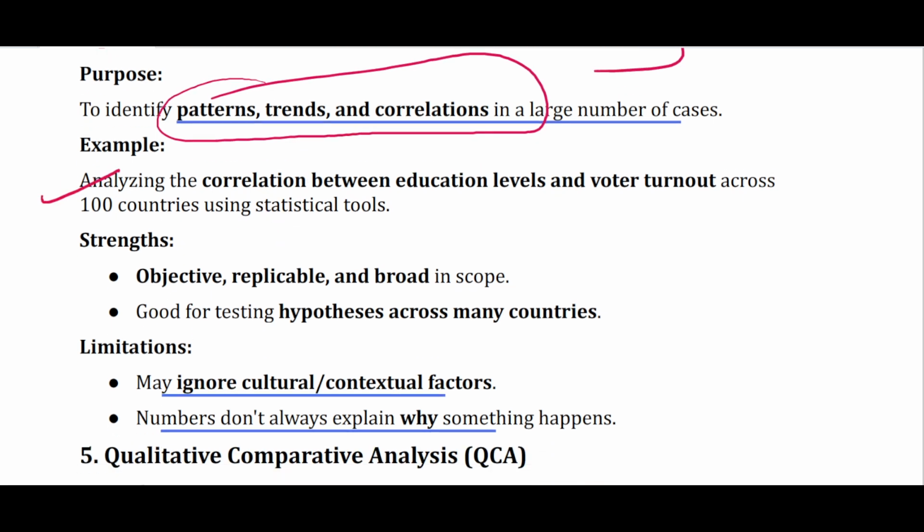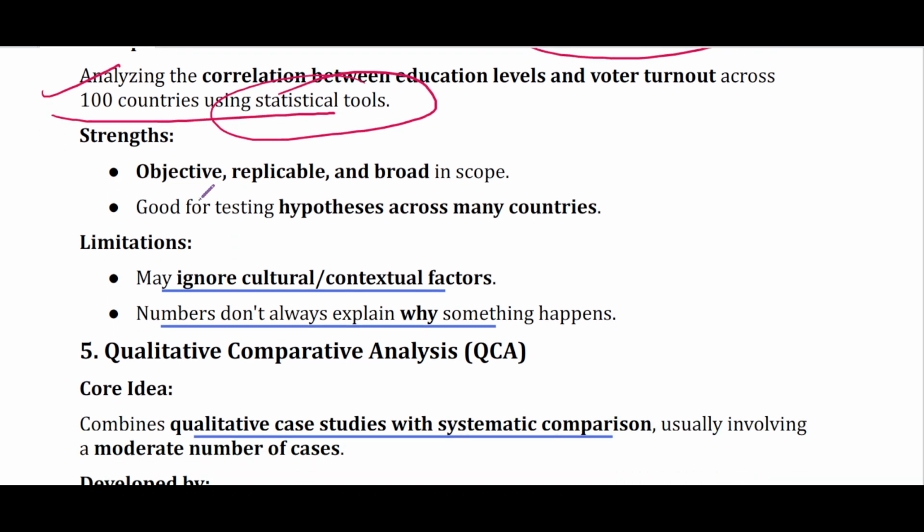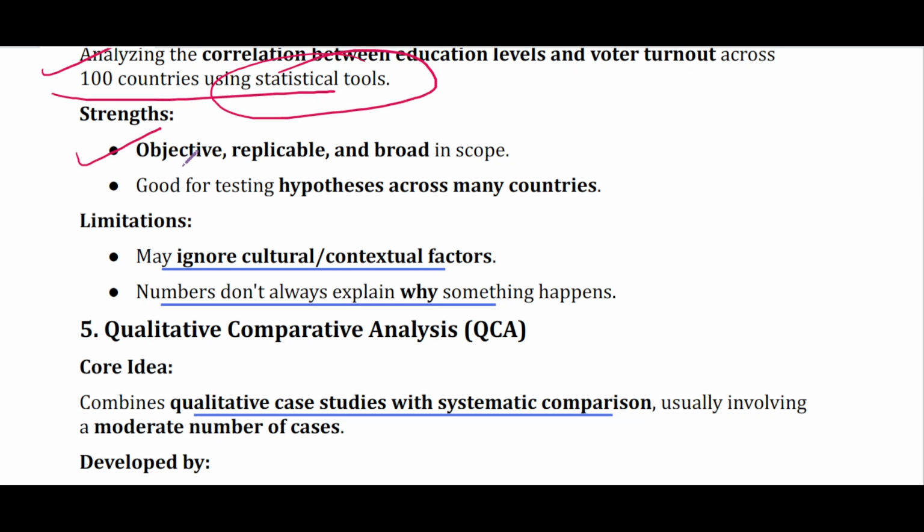And usually a large number of cases are studied together, maybe 100 countries, using statistical tools, standard deviations. The strength of this method is that it is highly objective, replicable, and it can include the whole world, all 8 billion people.